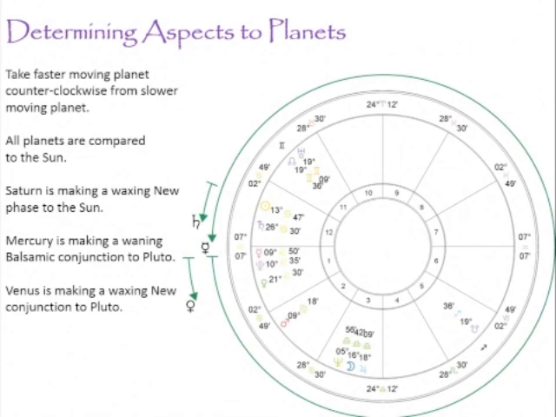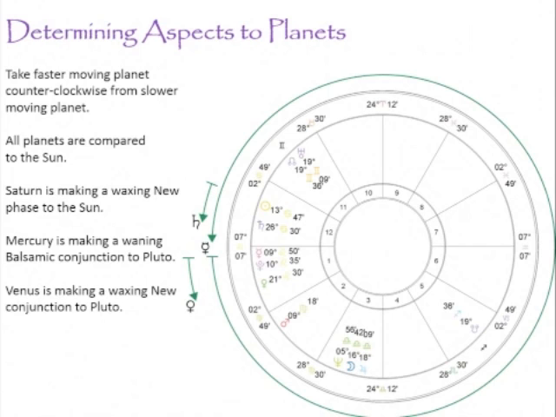And we compare that in a counterclockwise manner, because if you look at how the zodiac moves around the circle, 0 degrees Aries, 1 degree Aries, 2 degrees Aries, it moves in a counterclockwise fashion. And therefore, that is how the planets move around the circle as well.